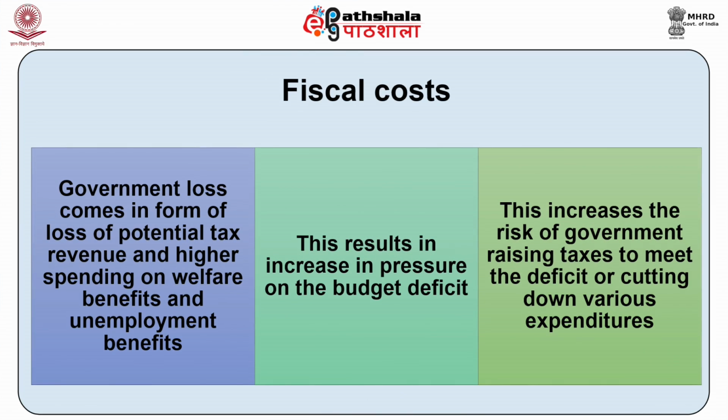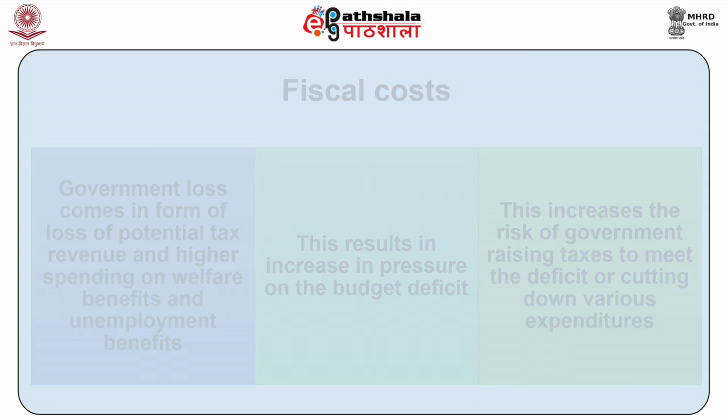Government loss comes in the form of loss of potential tax revenue and higher spending on the welfare benefits and unemployment benefits. This results in the increase in the pressure on the budget deficit. This increases the risk of government raising the taxes to meet the deficit or cutting down the various expenditures.